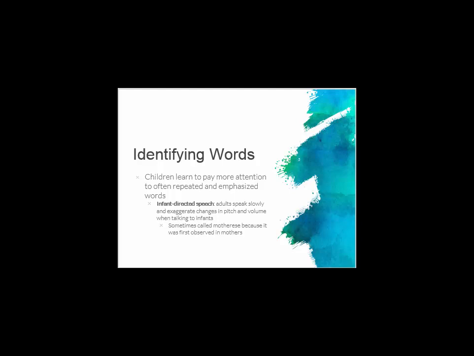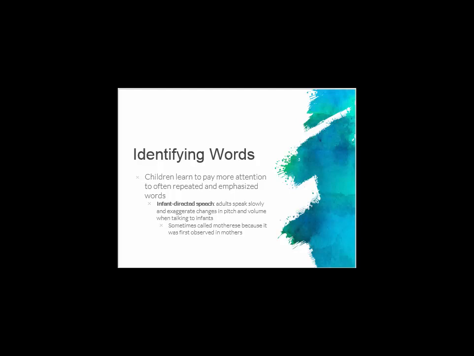It attracts infants' attention more than adult-directed speech because it's slower paced and accentuates changes, and this provides infants with more salient language clues. Infant-directed speech helps infants perceive fundamental sounds. We see that adults in many cultures speak to babies in infant-directed speech.